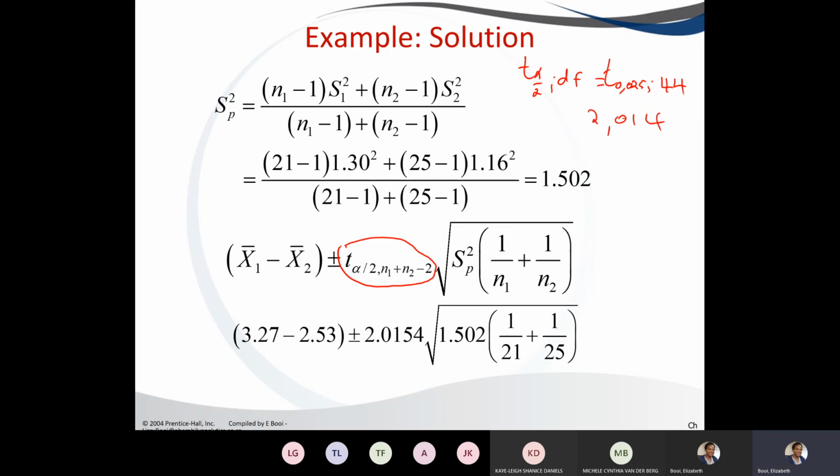3.27 minus 2.53 equals 0.74. So this will be 0.74 minus, and you calculate the standard error this side, and you can write it in this manner. What will this be?